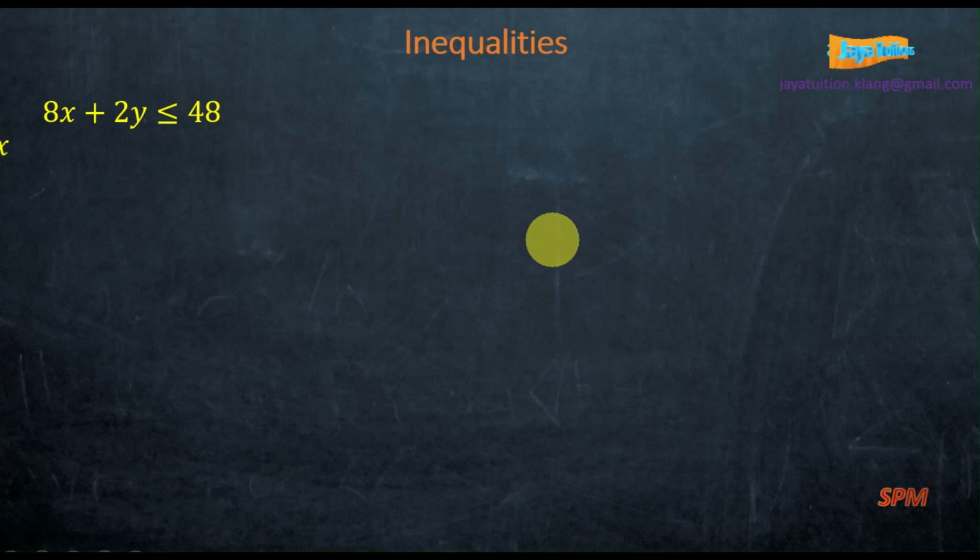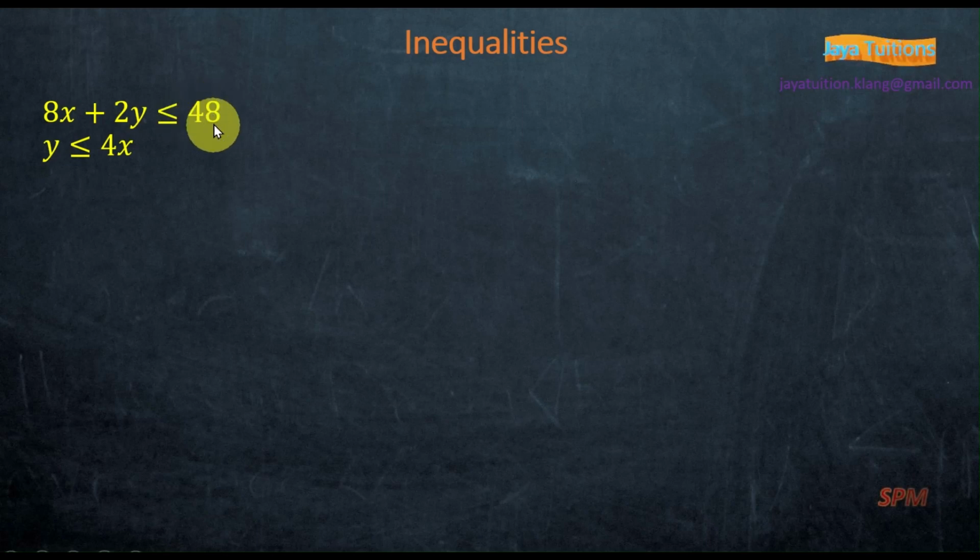So the first inequality which comes in is 8x plus 2y should be less than or equal to 48. Amina has RM48. The cost of x watermelons, 1 watermelon is 8, so 8x. Y apples, the cost of an apple is 2, so 8x plus 2y should be less than or equal to 48.